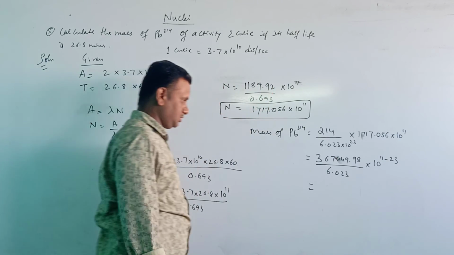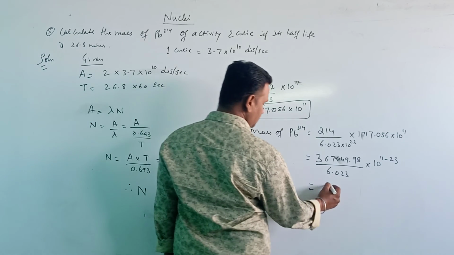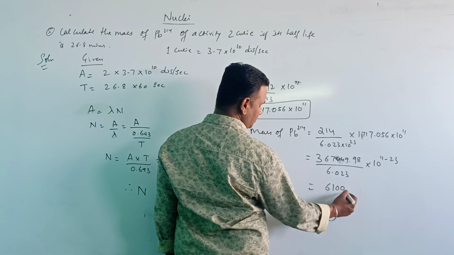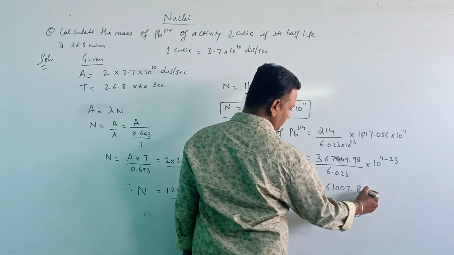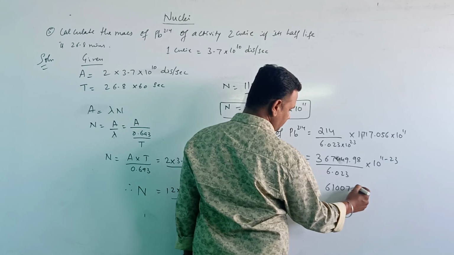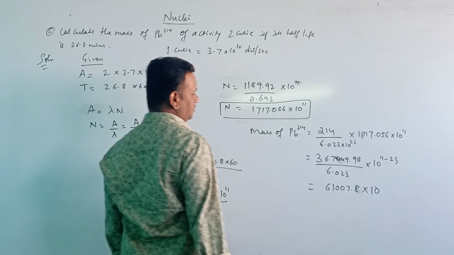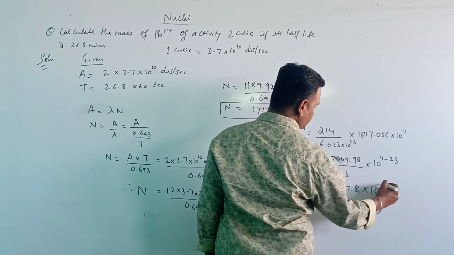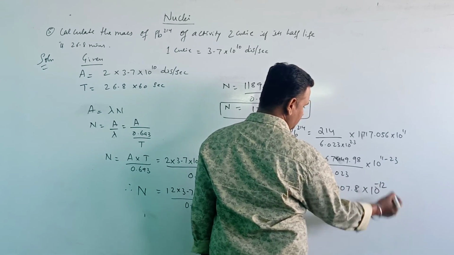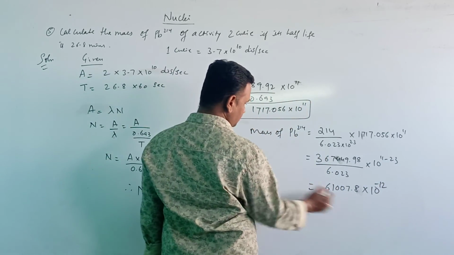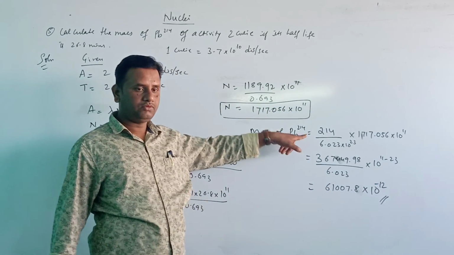Divide this one. You get 61007.8 into 10 to the power of 23 minus 11, so you will be getting 10 to the power of minus 12. Okay, so this is the mass of the lead 214.